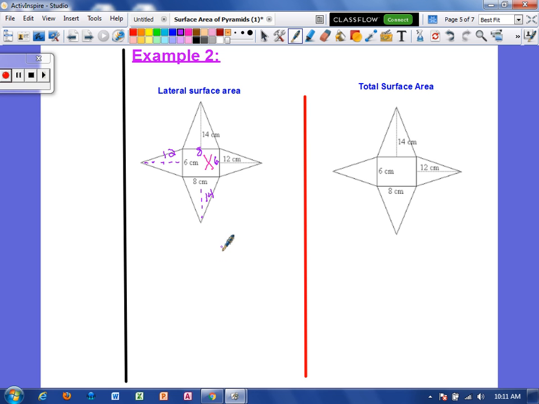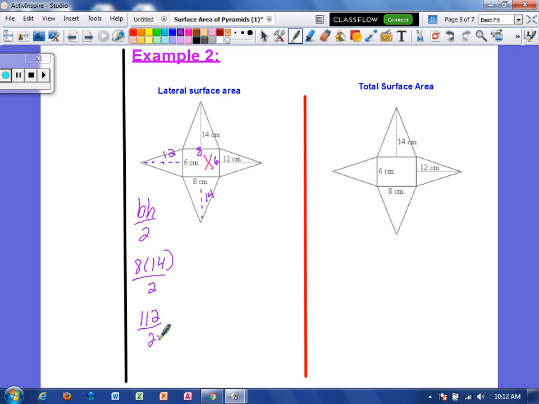Alright, so we know that for the area of a triangle, it is base times height divided by 2. So I'm going to start out with this top triangle here. We've got a base of 8 and a height of 14. And we're going to divide that by 2. 8 times 14 is 112.